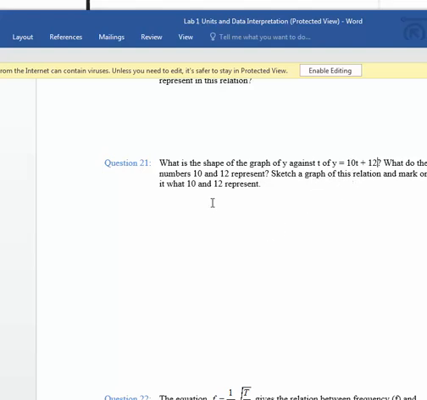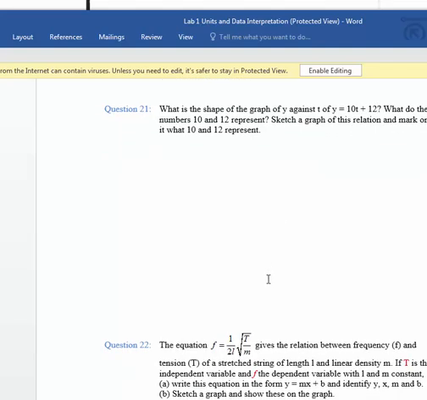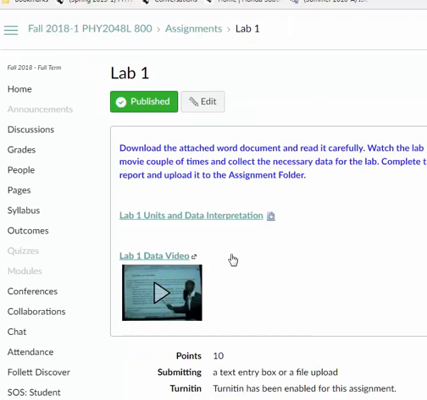What all you need to do is use the drawing menu and use that to sketch, say, vertical axis, horizontal axis, and then show me how the graph will look like. That is a sketch, not a graph drawn using data values. So don't confuse between drawing a graph and sketching.